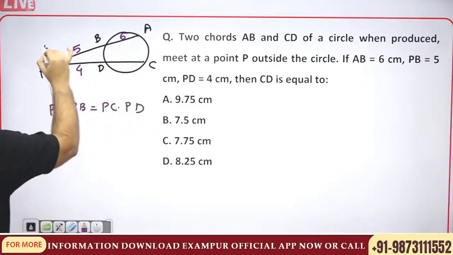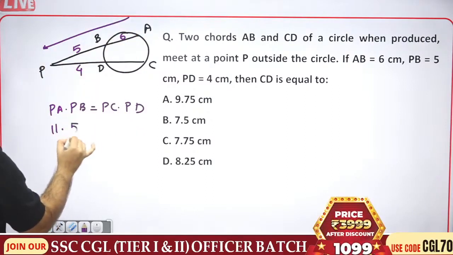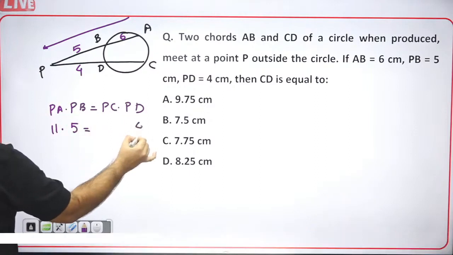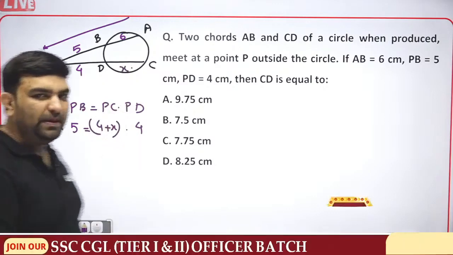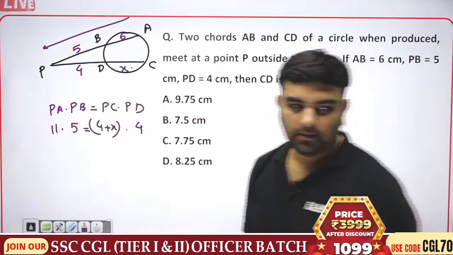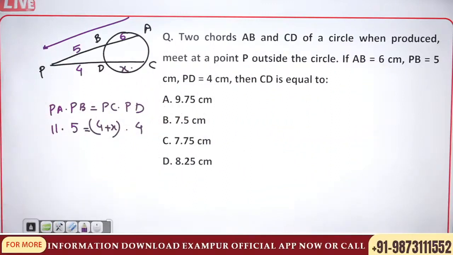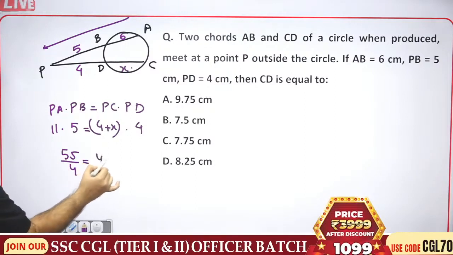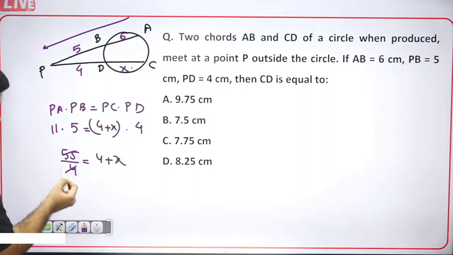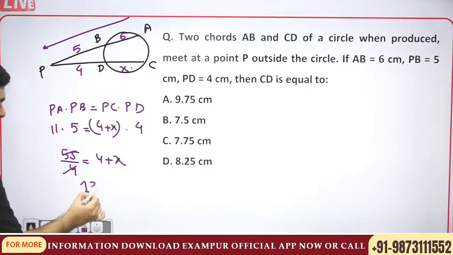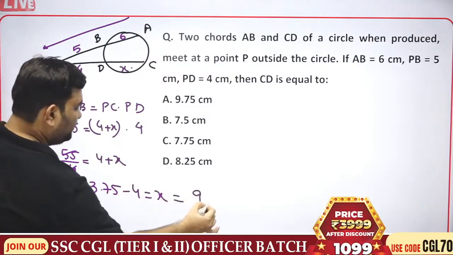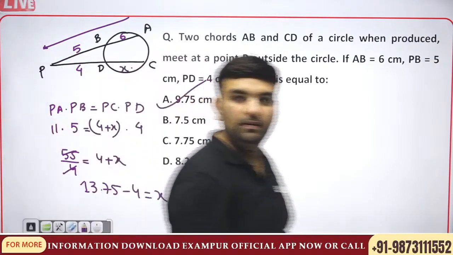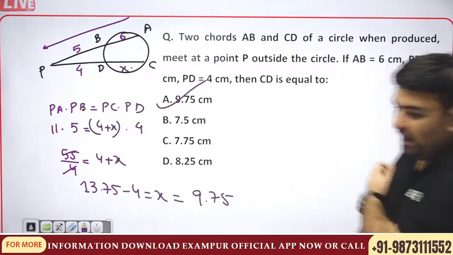PA is 11, PB is 5, PD is 4, and PC is 4 plus X. So 55 by 4 is equal to 4 plus X. It becomes 13.75 minus 4 is X. So X is 9.75.